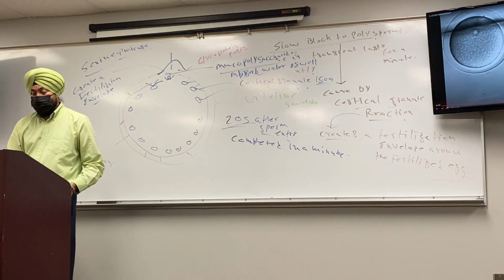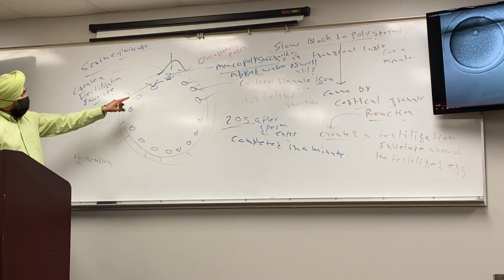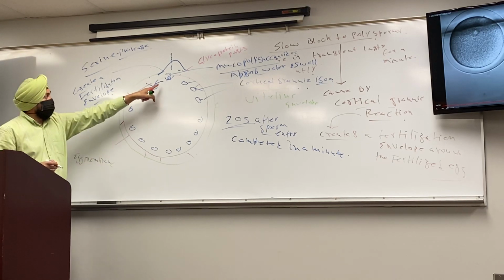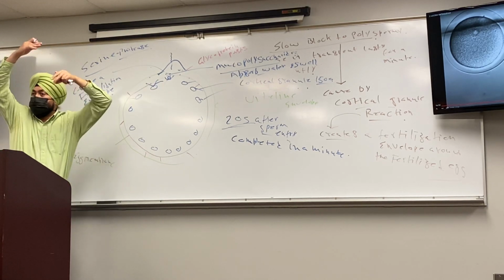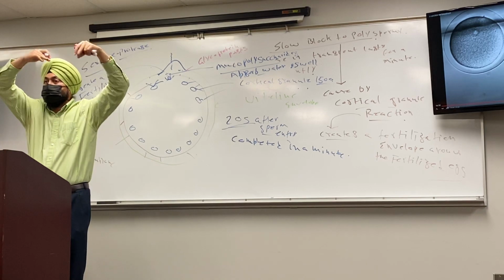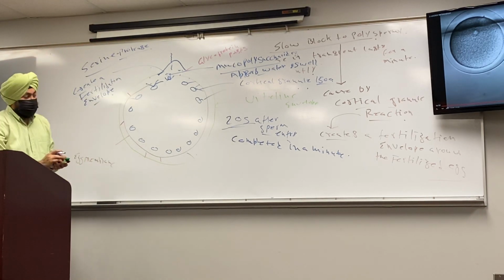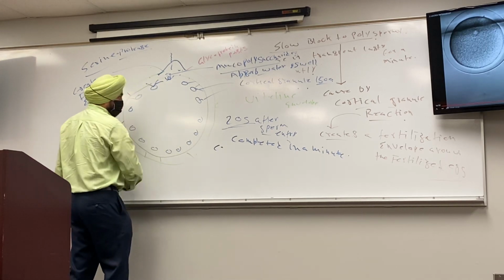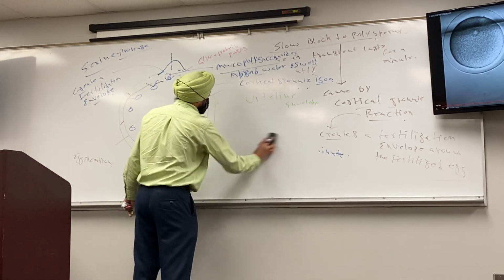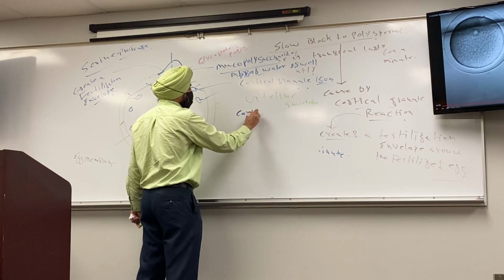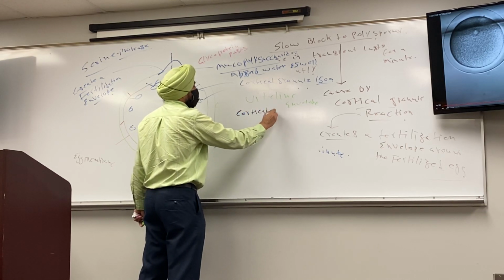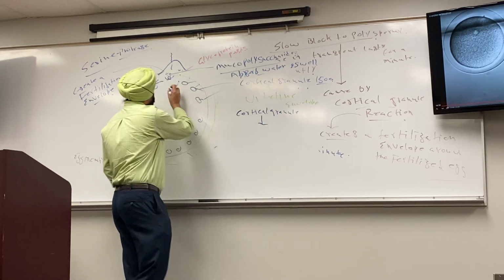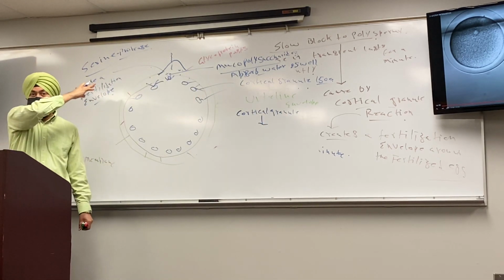Now, so the other thing happened there. Now this envelope is formed. You need to stabilize that envelope, right? So what happened? These cortical granules which are there, whatever content there is, we are naming many things here.